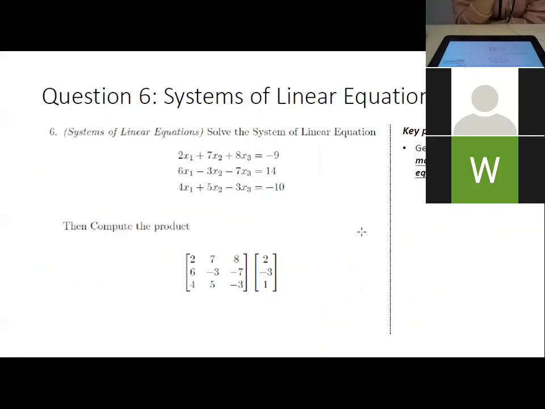It talks about the systems of linear equations. I think Dr. Wang has not talked much about how to use matrices to solve the problem of systems of linear equations. And in this question, I only want you to have a feeling that we can use matrices to represent linear equations.